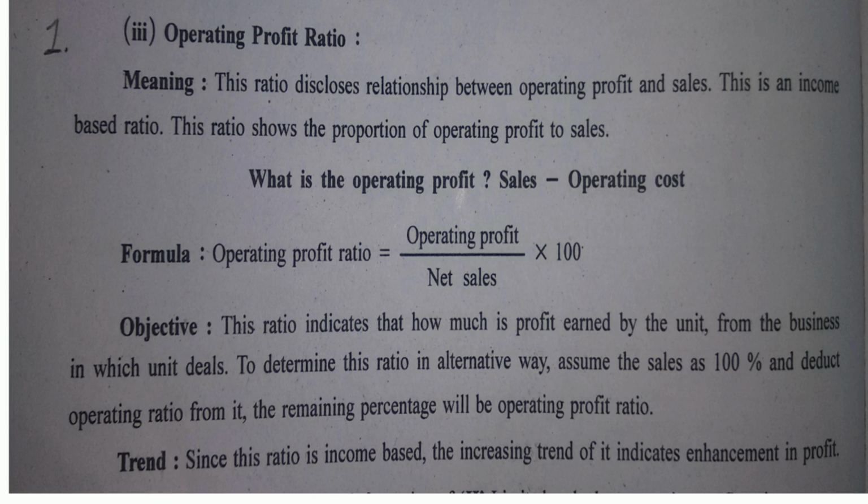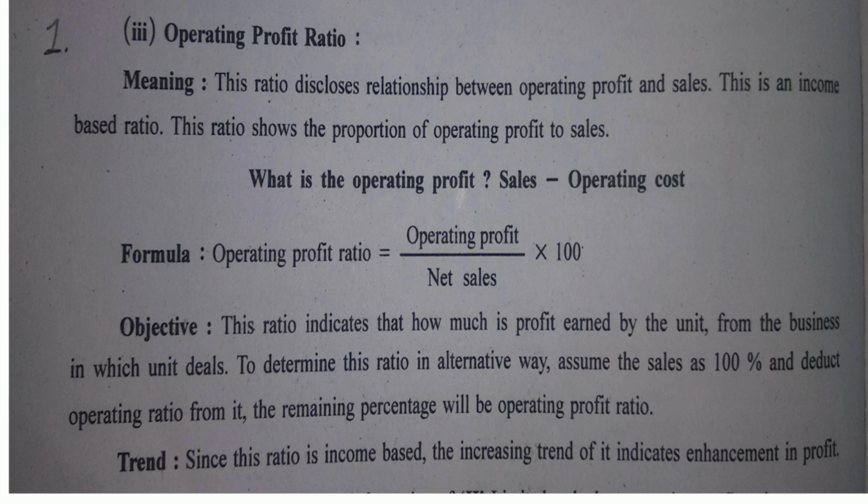So the very first question presented here is, what is operating profit? It is sales minus operating cost. You need to write down this point in your book. Finally, talking about its formula, it says operating profit ratio equals operating profit upon net sales into 100.